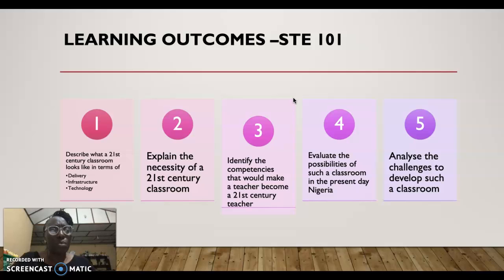We want to evaluate the possibilities of such a classroom in present day Nigeria, and finally analyze the challenges to develop such a classroom so that we can find solutions to it. But today we'll be looking at describing the 21st century classroom, and then we'll be looking at some things that will help us to identify the competencies that would make a teacher a 21st century teacher.